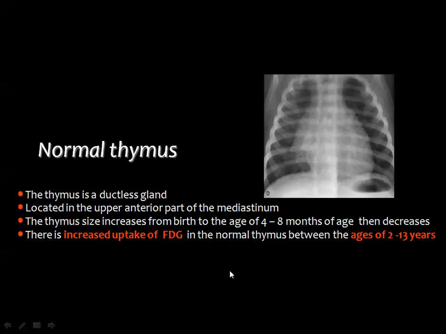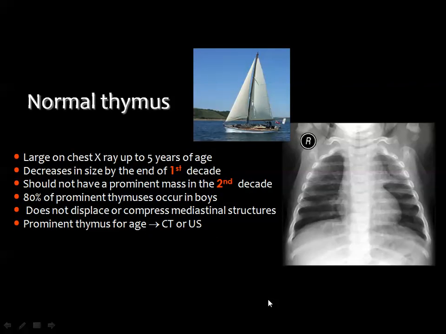But you should know that in PET scan there is some increased uptake of the tracer in the normal thymus between the age of 2 and 13 years old. And the thymus is considered large or prominent, seen in the chest X-ray up to the age of 5 years.